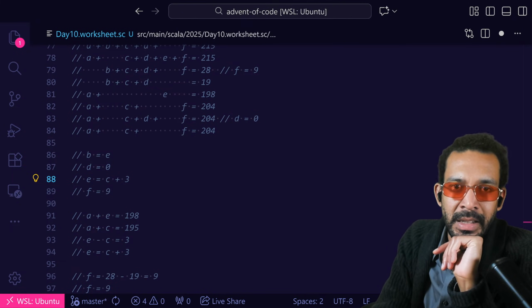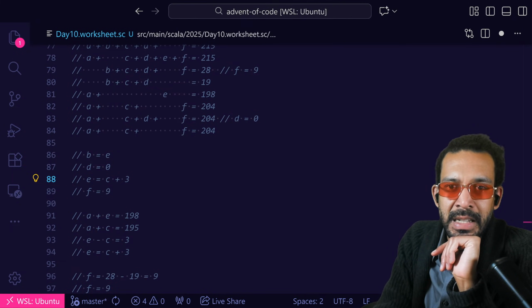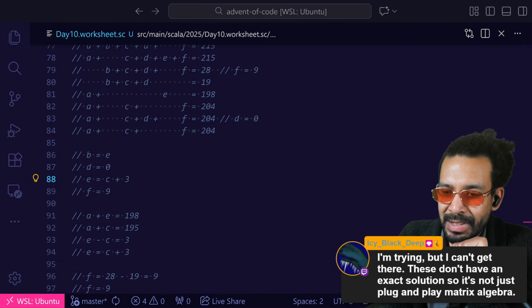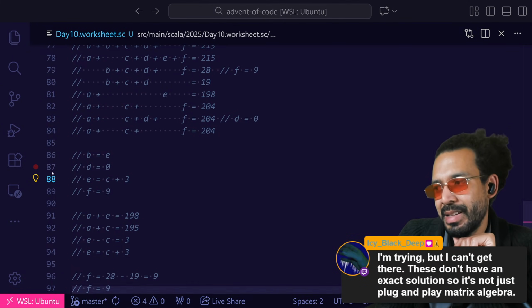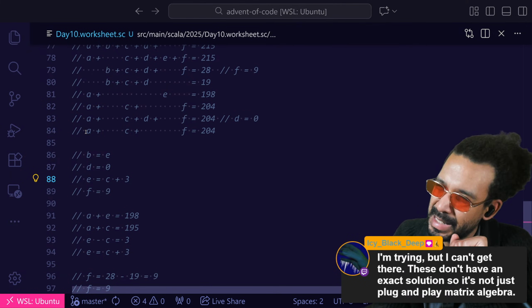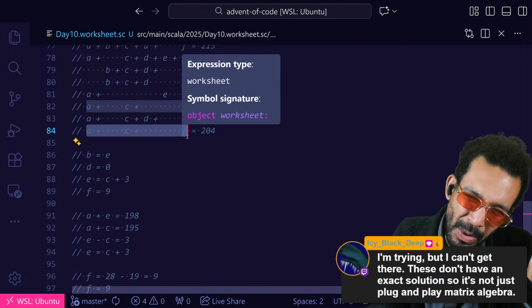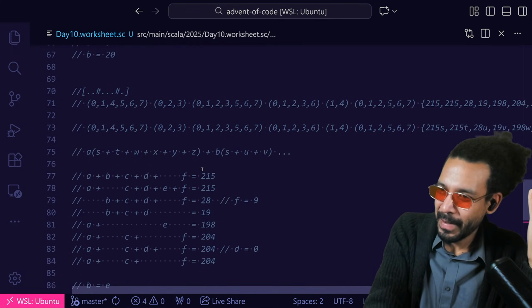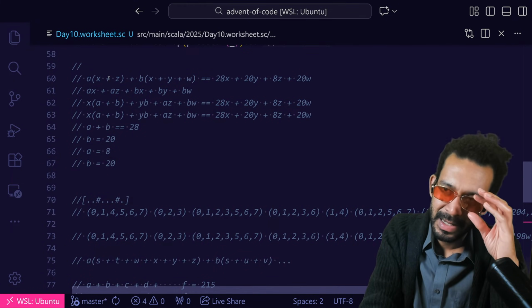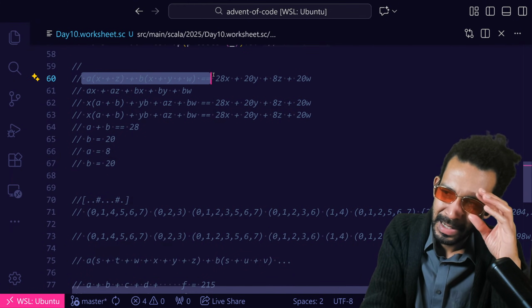You're trying, but you can't get there. These don't have an exact solution, so it's not just plug and play matrix algebra. Yeah, so you can't just use Gaussian elimination because there are many solutions, and what you have to find is the one that minimizes the sum of the coefficients. It is kind of tricky because I'm not sure which ones are actually the variables.